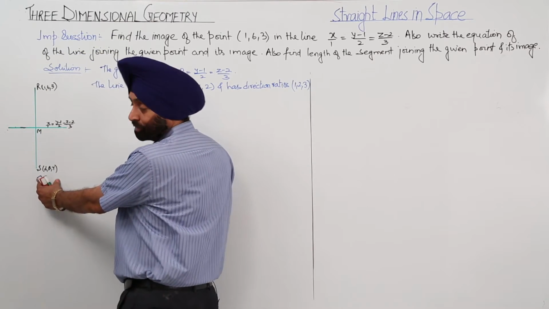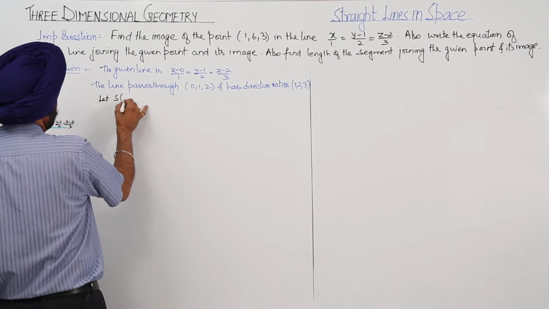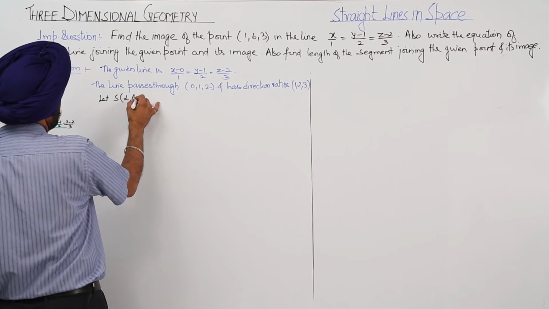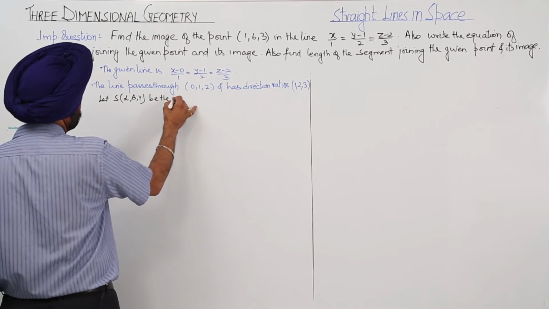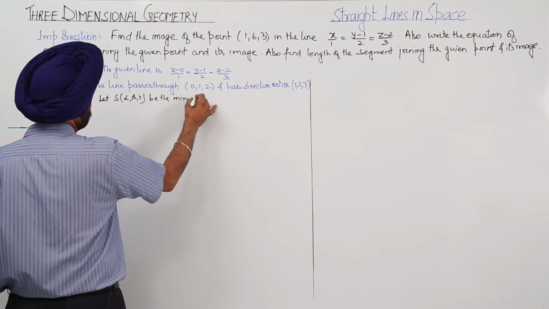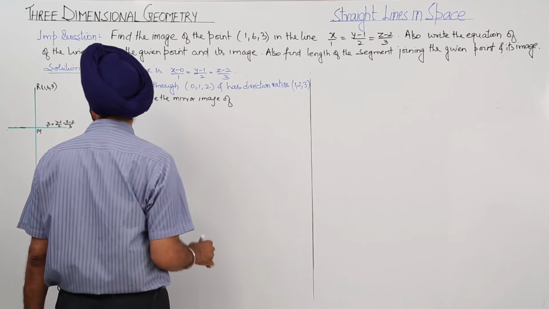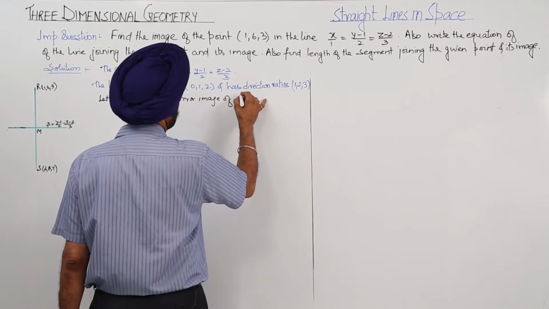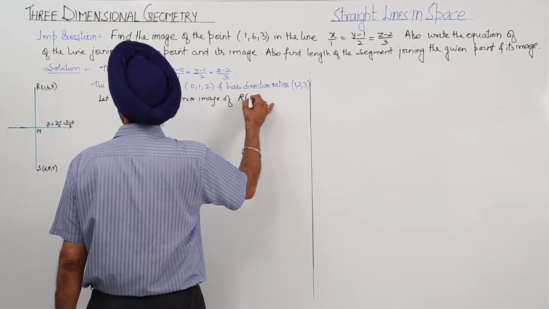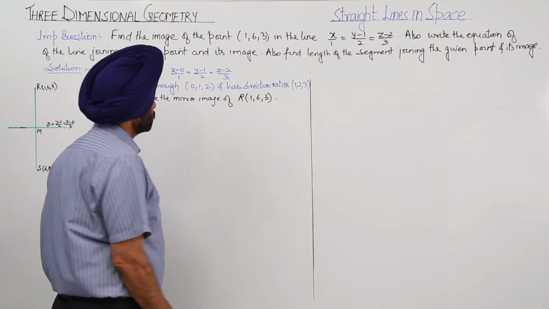Now let point S with alpha, beta, gamma as the coordinates be the mirror image of point R with coordinates 1, 6 and 3.